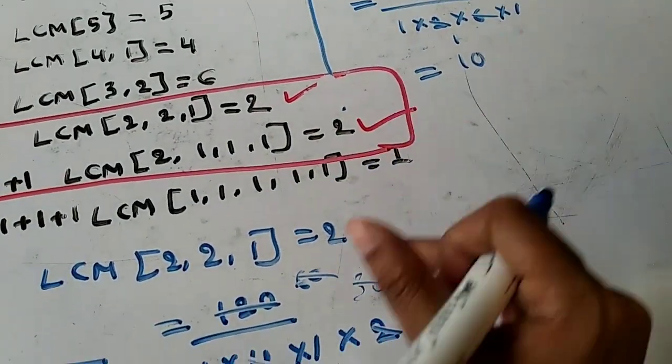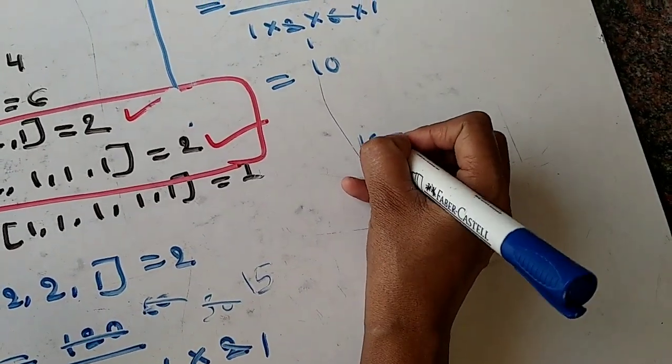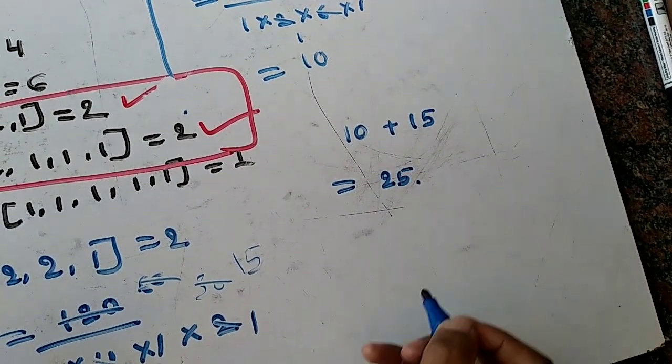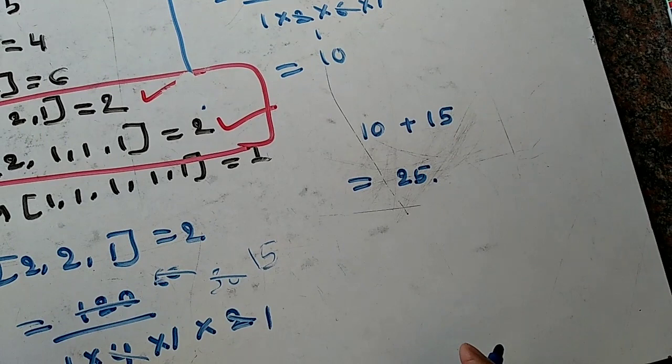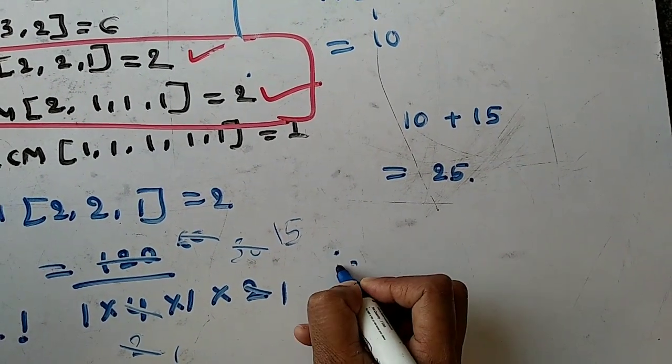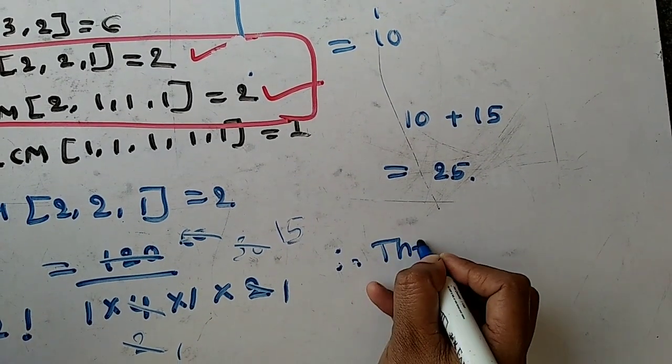So now you have to add these two numbers, 10 plus 15, which is nothing but what? 25. So okay, got it.